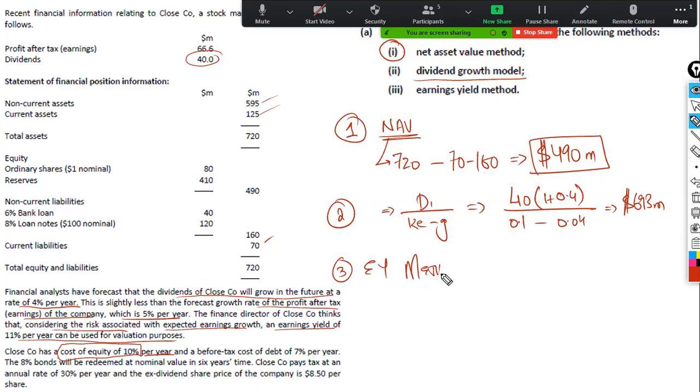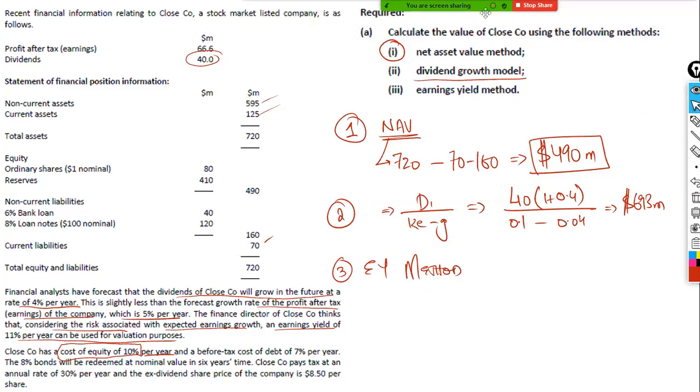Earnings yield method. So let me try for that. For earnings yield, they've given us the earnings yield. Now I'll make you understand that. That is 11%. Before I explain this method, it's very similar to the price to earning ratio method.